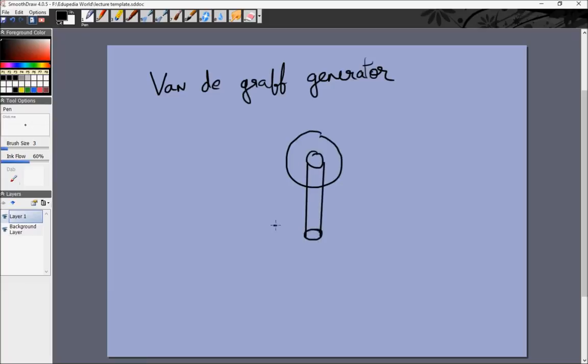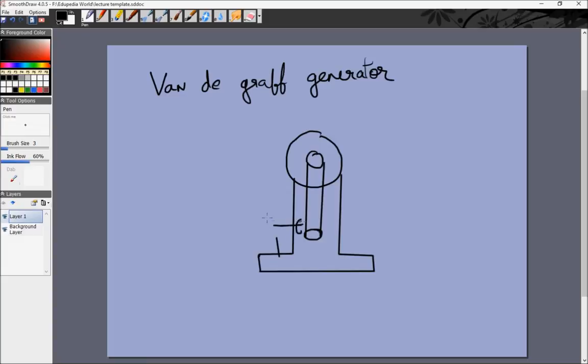And near this end, there's obviously a stand here. You can look up the proper figure somewhere. Unfortunately, I don't have extremely high drawing skills when it comes to drawing on the tablet. There's a comb here and another end here.